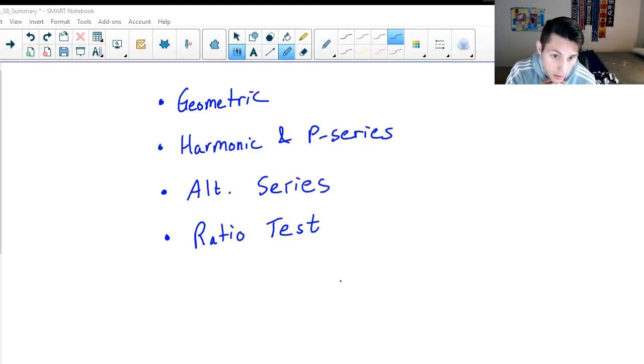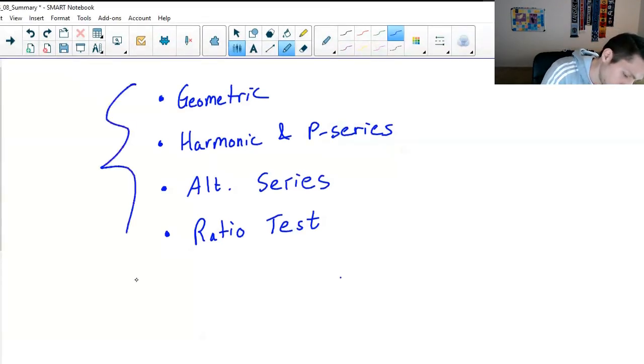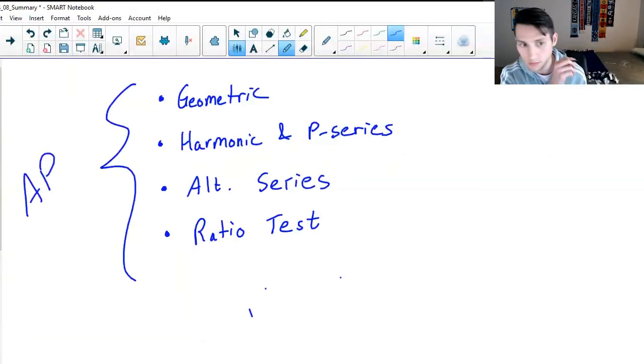Right? Geometric, harmonic and P series, alternating series test, ratio test. Okay, so write that down somewhere. These are the 4.